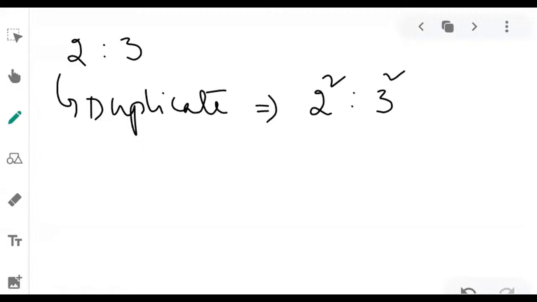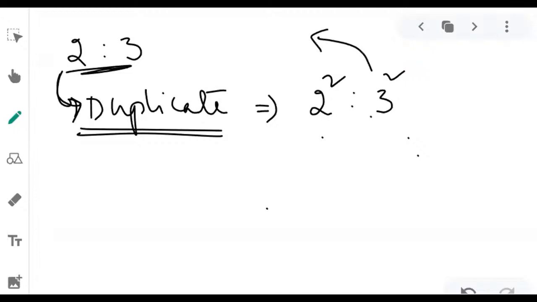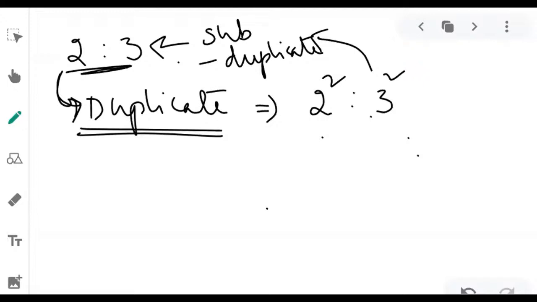This is the name that you have in your textbook, that this is a duplicate ratio of 2:3. That is, you square on both the sides. The subduplicate ratio of 2 square is to 3 square is 2:3. Did you get both the names?